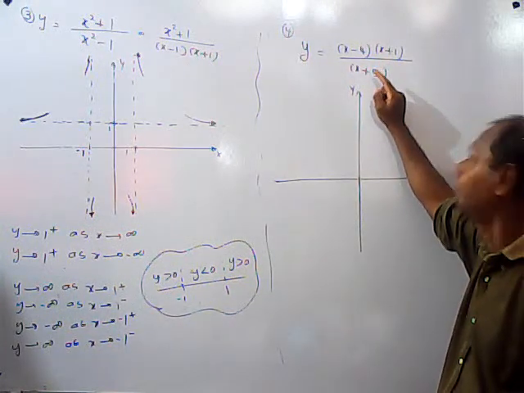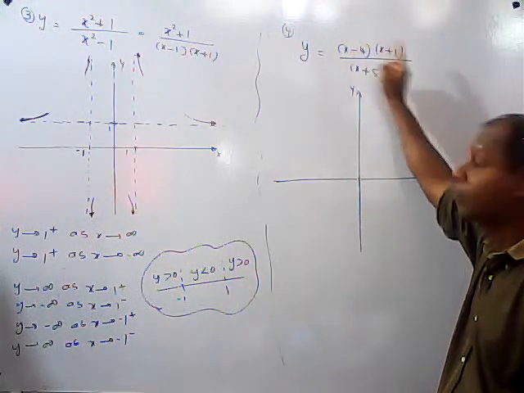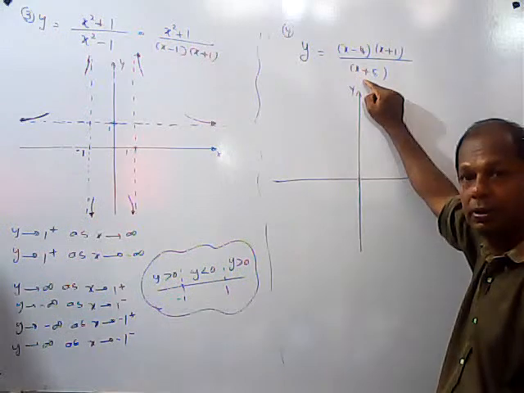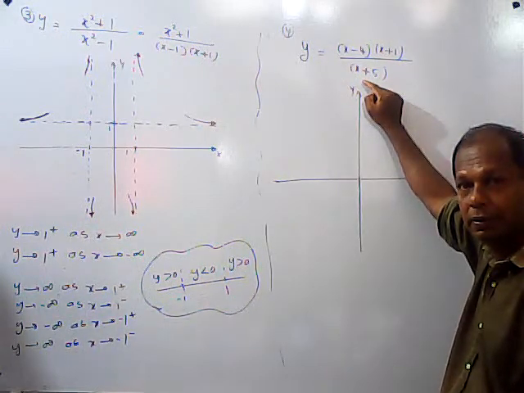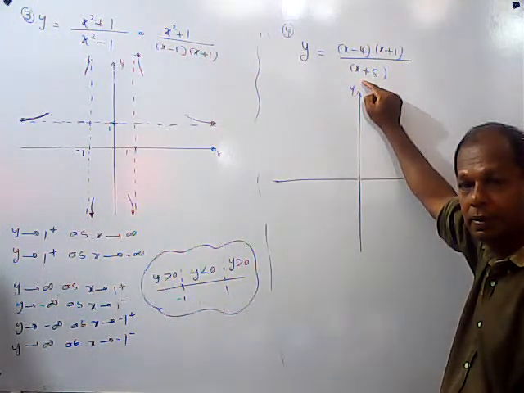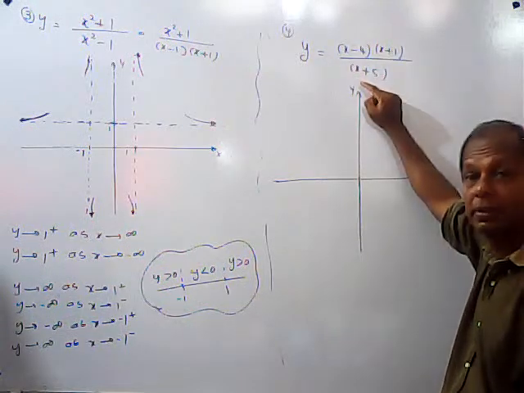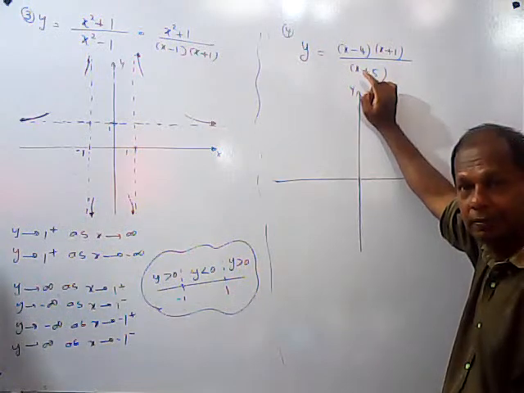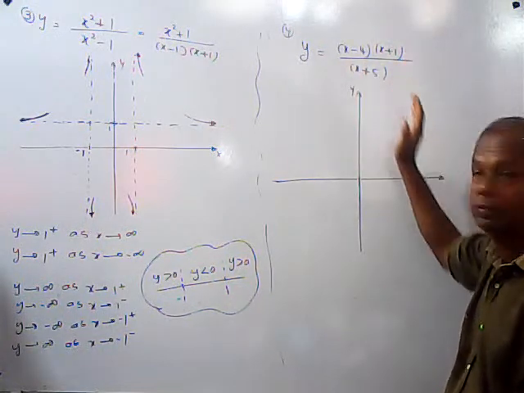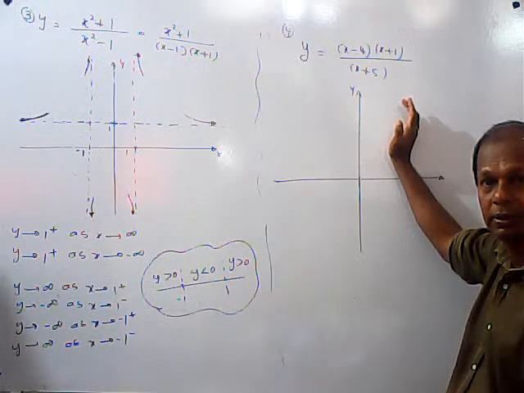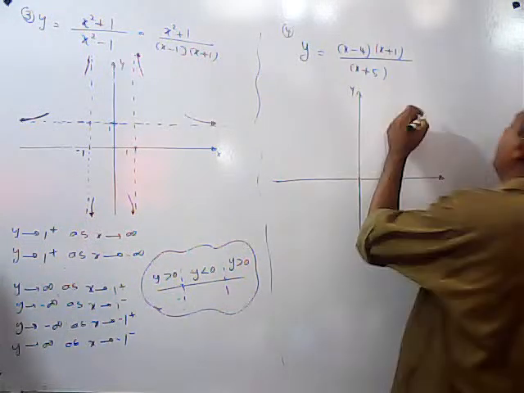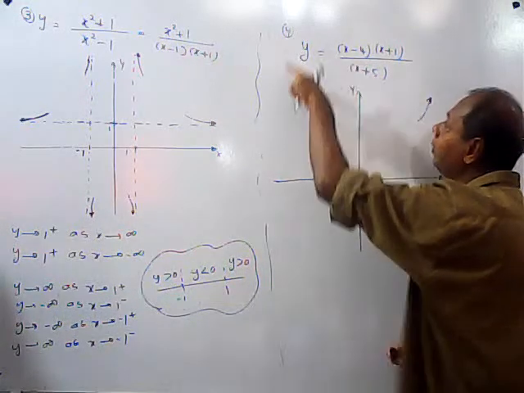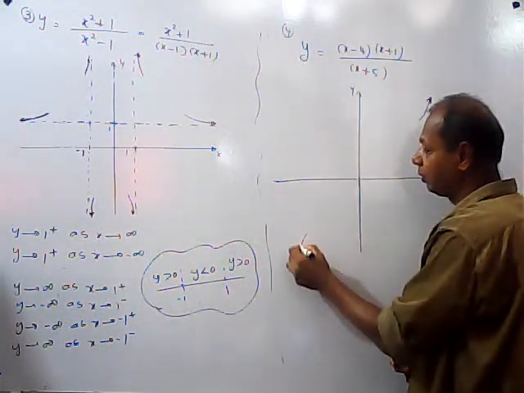As x goes to infinity, do you see here, it's x squared in the numerator and x in the denominator. So x squared over x shall give x. So as x goes to positive infinity, y will also go to infinity. And as x goes to negative infinity, y will go to negative infinity.